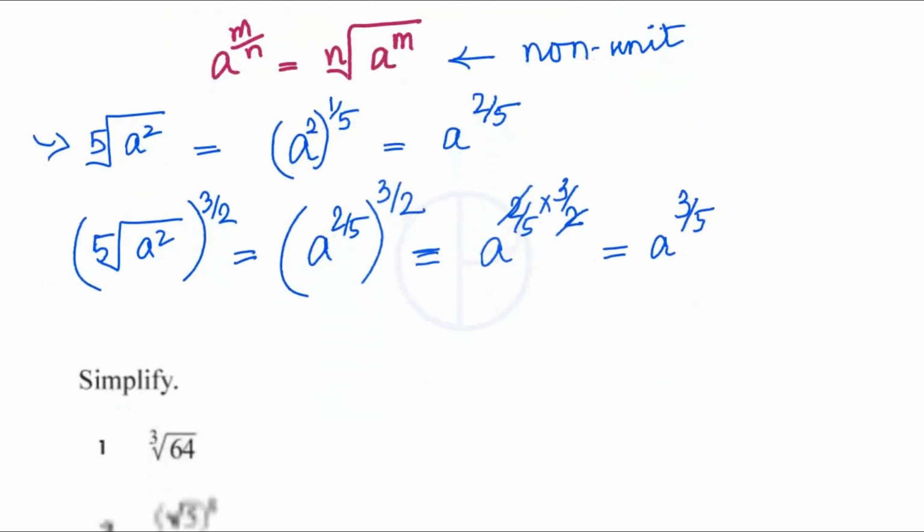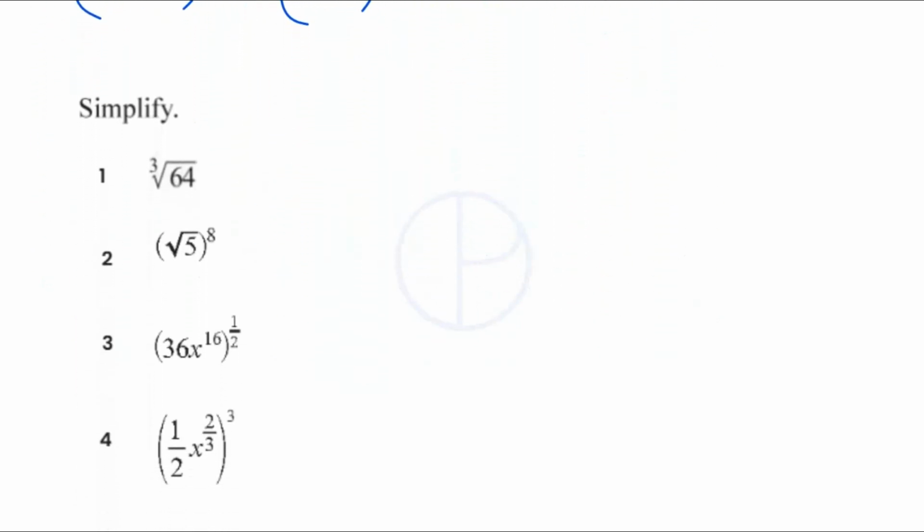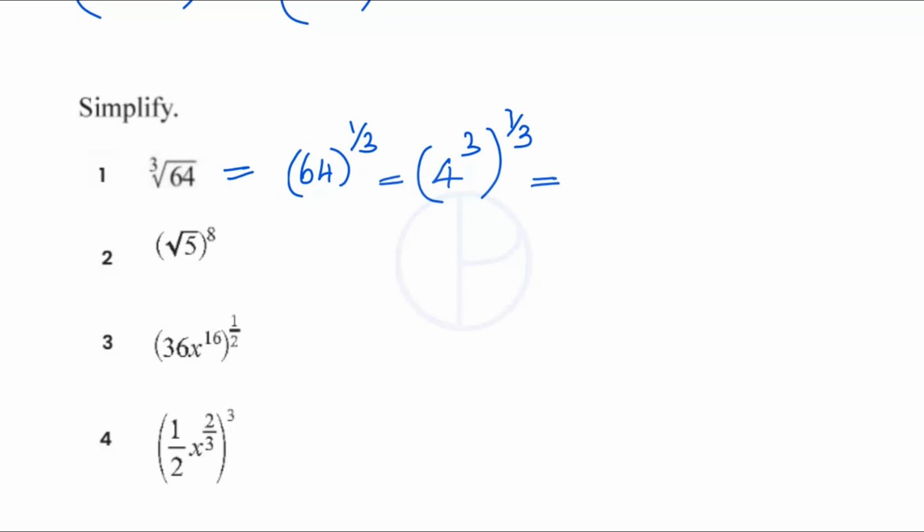Okay. Let's try these examples. Cube root of 64 can be written as 4 cube, power 1 over 3. Apply the law of indices for raising a power to another power.